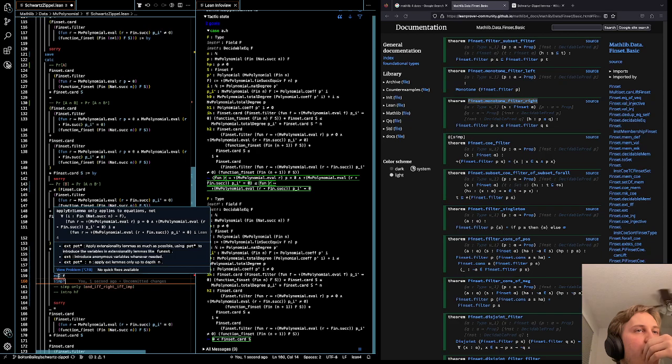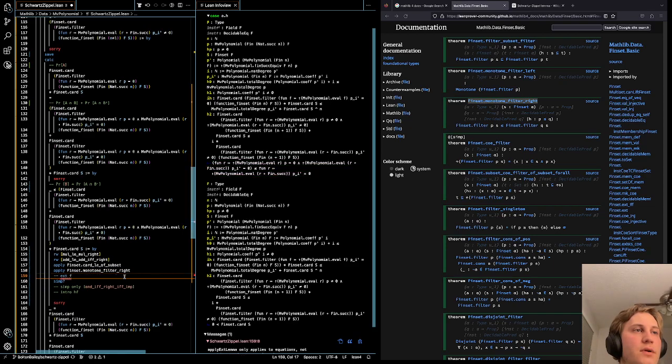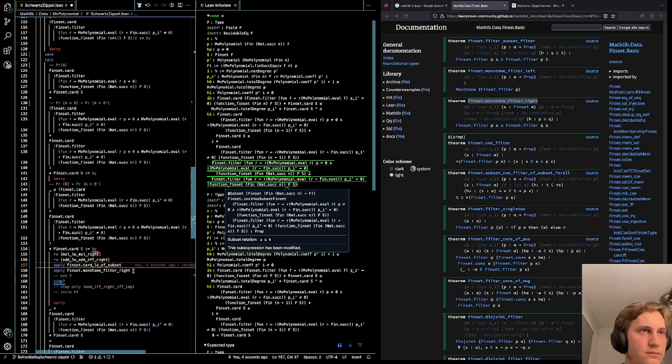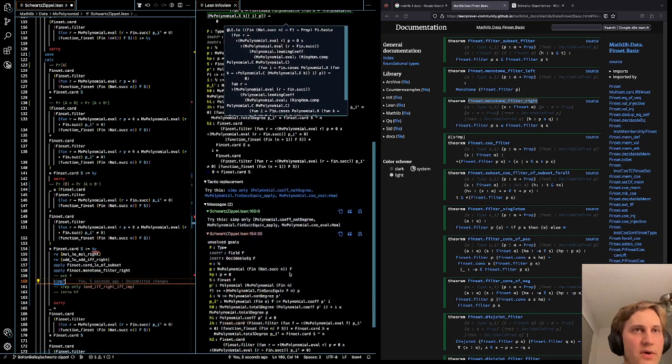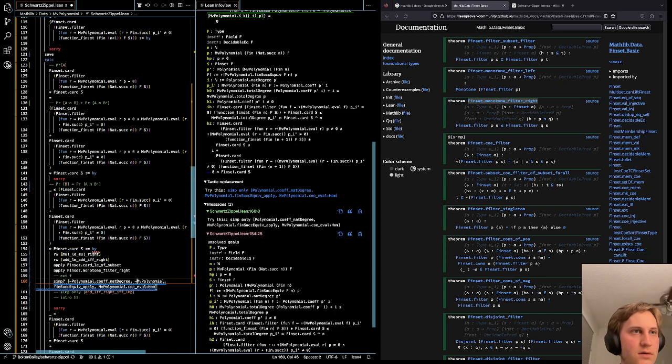Wait, it's telling me applies to equations. Okay, the point is that I just want to work off the definition. I want to apply the definition of, this is LE for props, right? Okay, what are you applying? I don't want you to apply those things though. Just don't apply any of these.